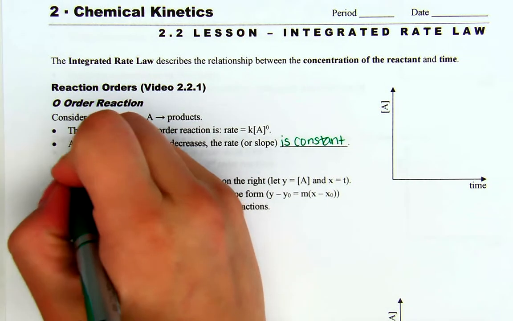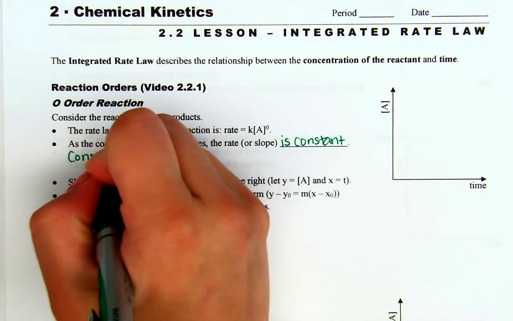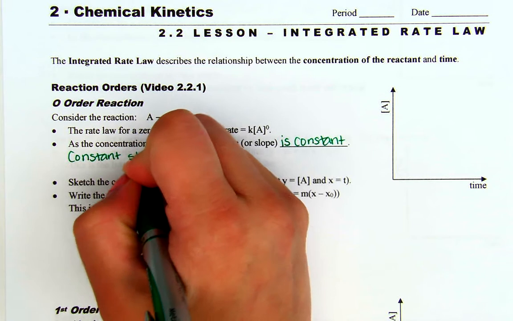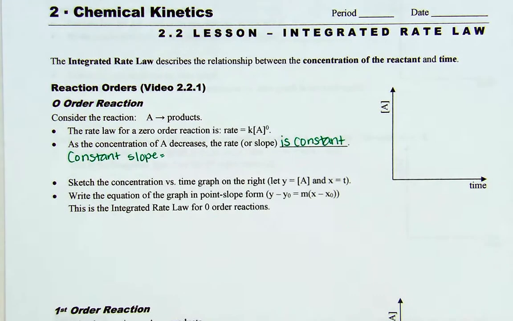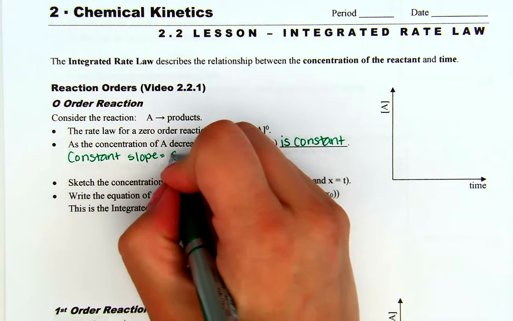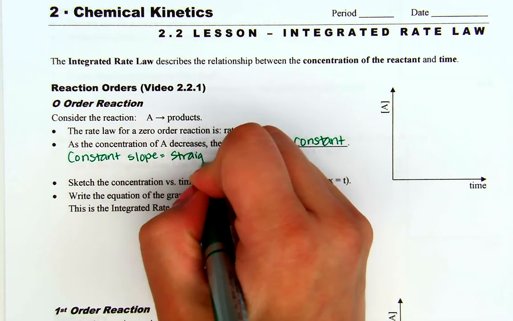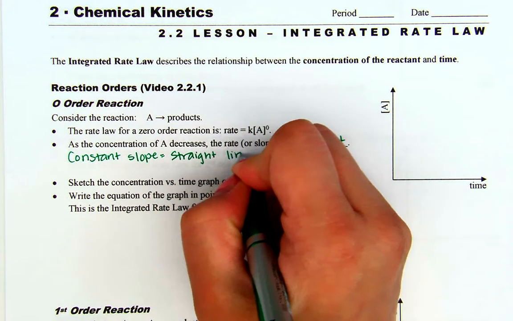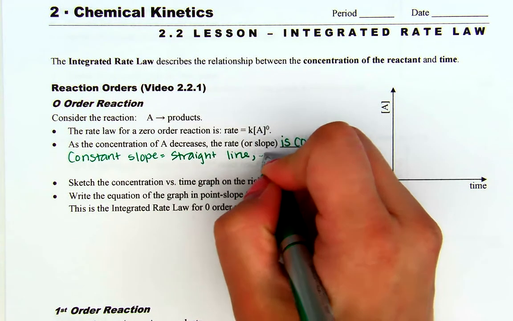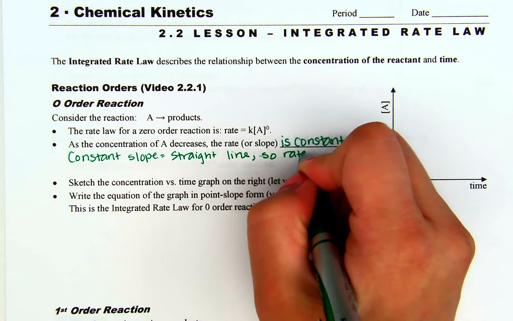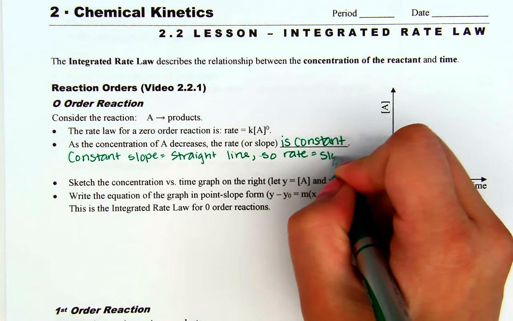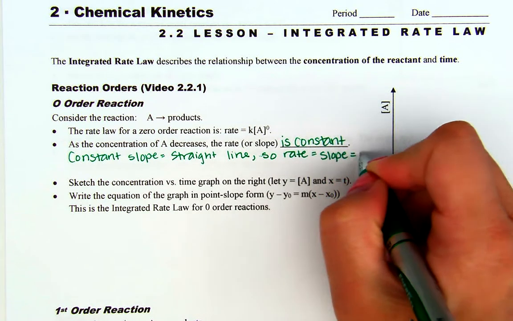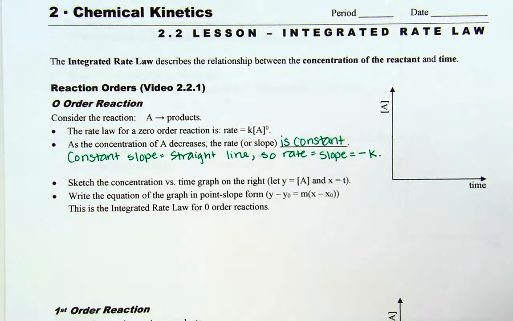And because you have a constant slope, that means that you are going to have a straight line. So the rate is going to be equal to the slope, which in this case is going to be negative k.